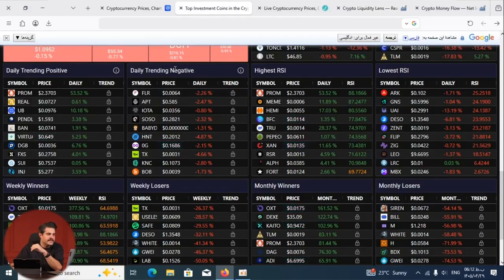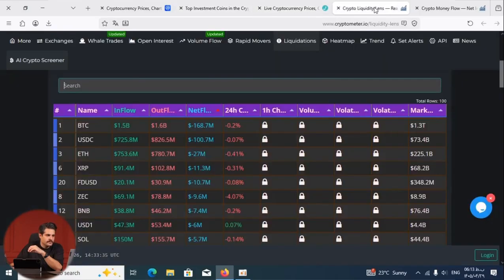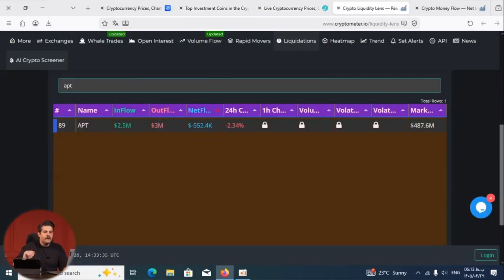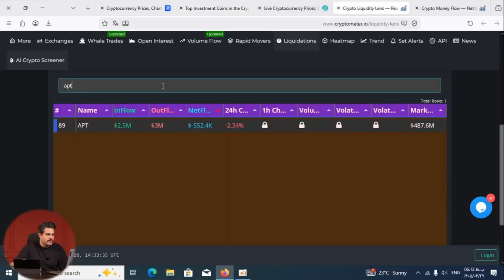Among these currencies, now the ones I know have larger market caps. I see APT, for example, the cryptocurrency Aptos. APT, now I expect to see a heavy outflow of money. 500,000 isn't enough for me. HNT is the symbol for the Helium cryptocurrency. I'm searching for HNT.